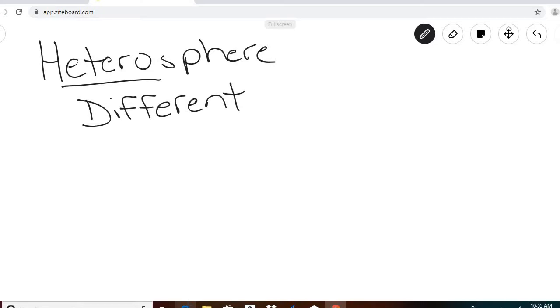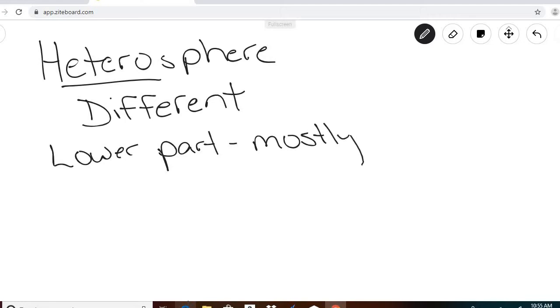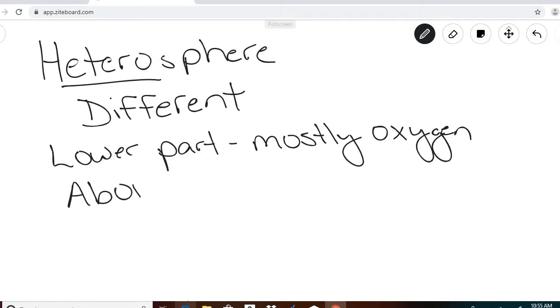In the lower part of the heterosphere, it's mostly oxygen. And then above that, you get mostly helium.